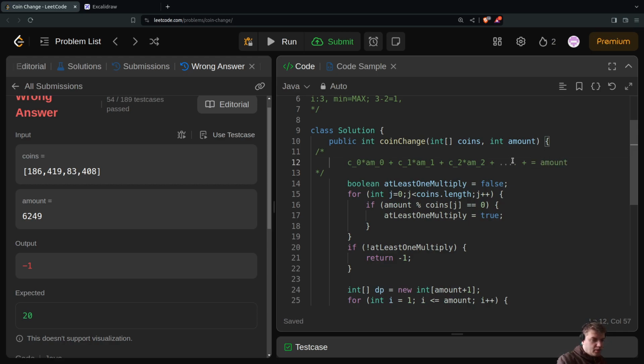And this one can be zero or can be positive. And when I check the division, I check that only against one of them, but it might be a combination of a couple of them.